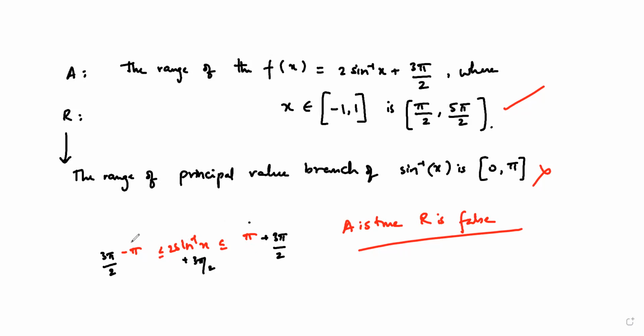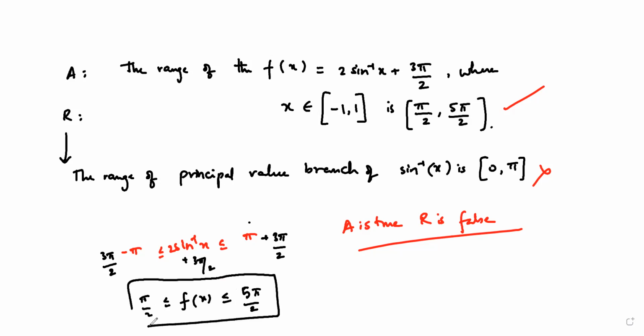So what will you get? f of x lies between pi by 2 and 5 pi by 2. Correct? Any doubt? Yes, sir. Clear? Yes, sir. Right. Next question.